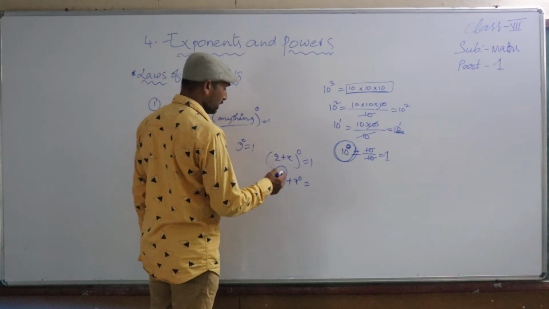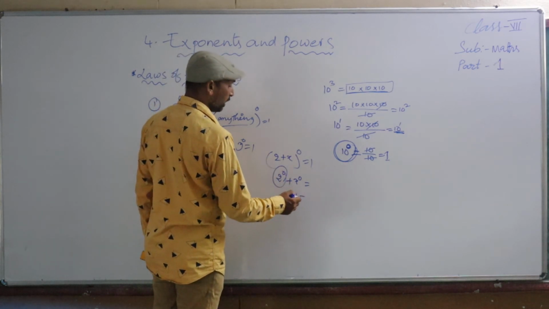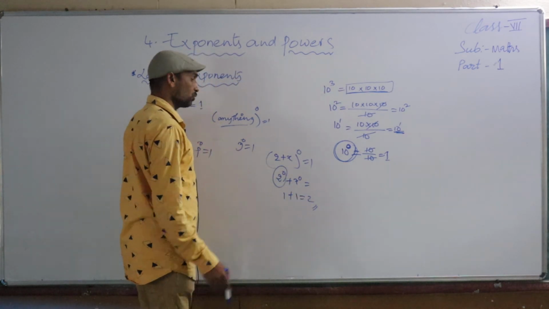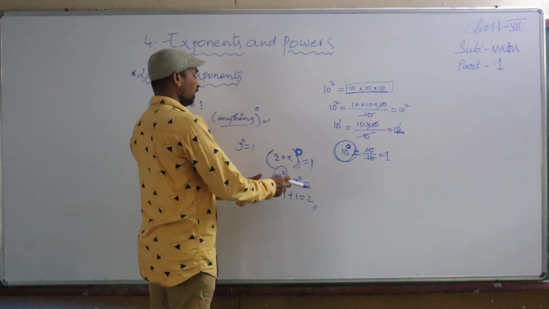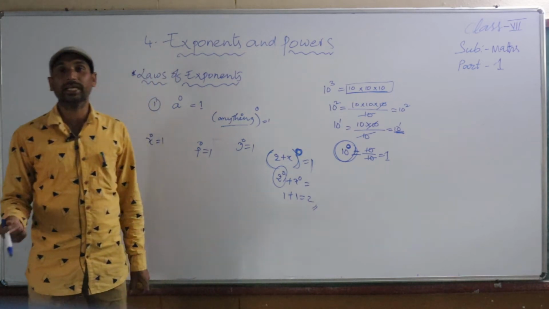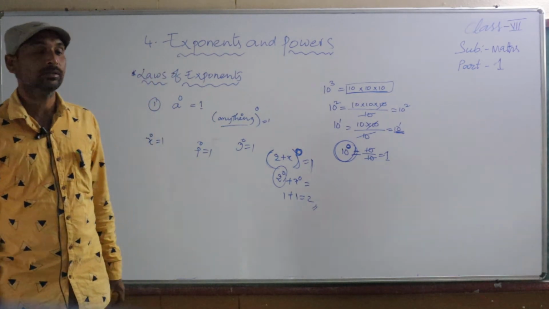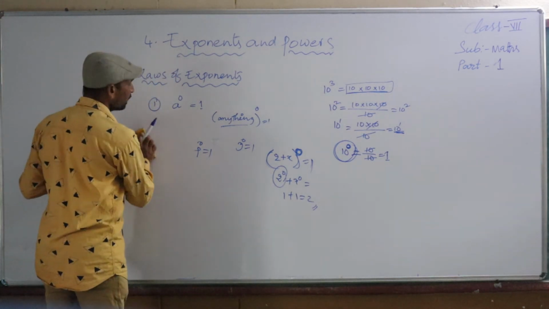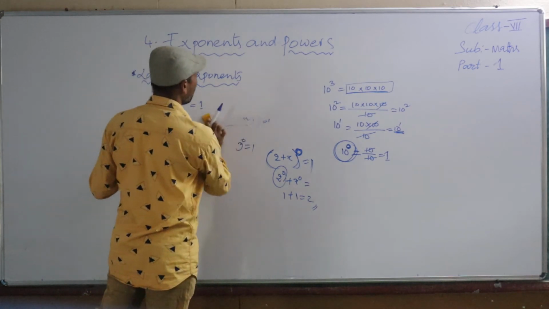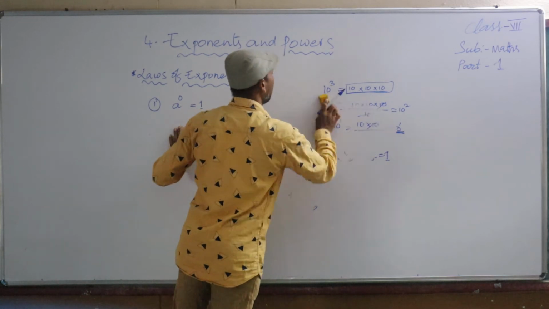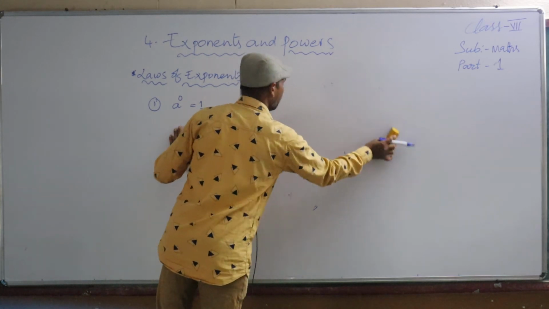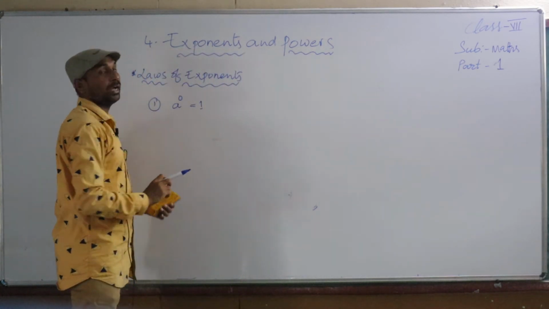Here this is 1 plus this is 1, which is equal to 2. If it is with a bracket, whole power 0 is equal to 1; if separately, then we have to take the separate values. So this is the first law, a power 0 is equal to 1, where a is any number or any value.